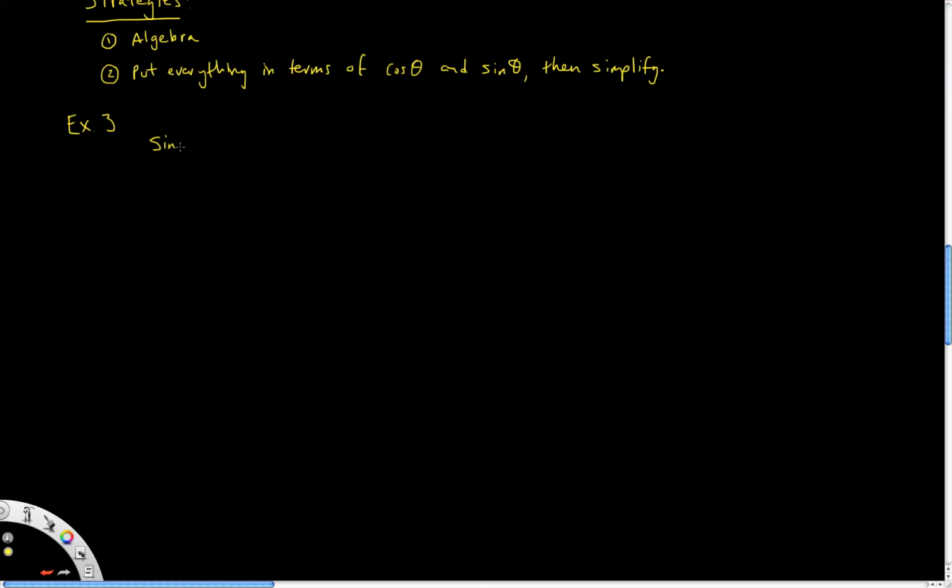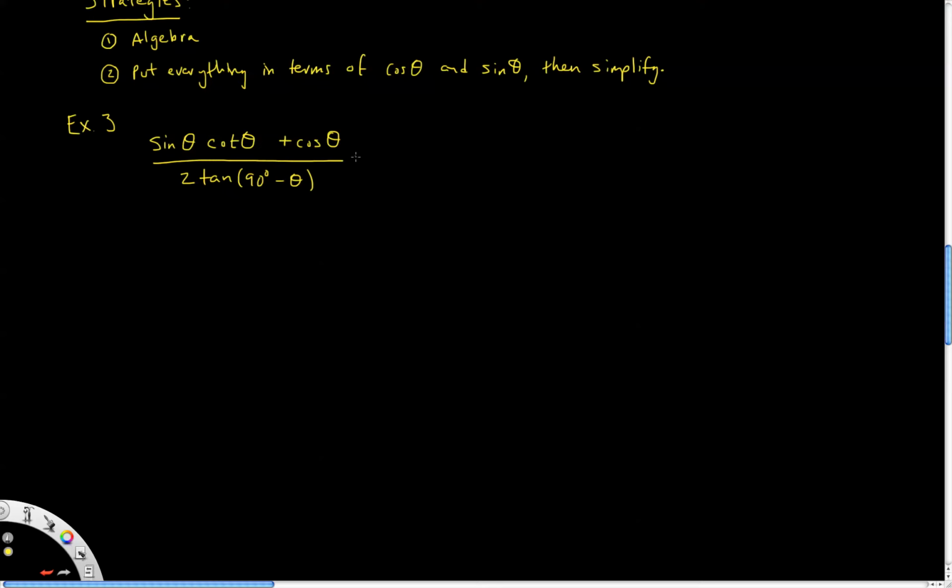So if we look at sine theta times cotangent theta plus cosine theta, all over 2 times the tangent of 90 degrees minus theta. What I'm asking you to do is simplify this expression.